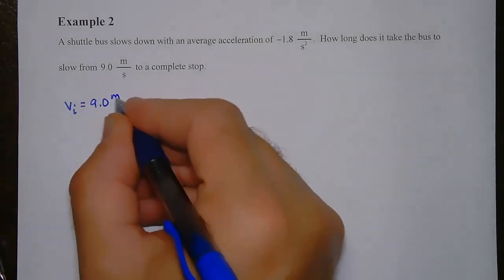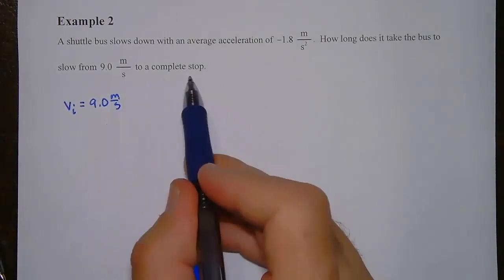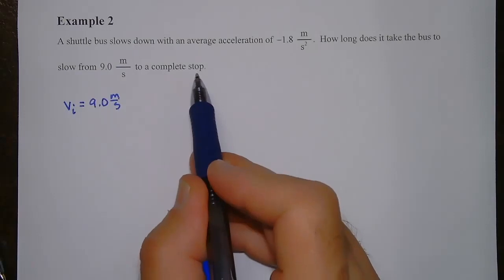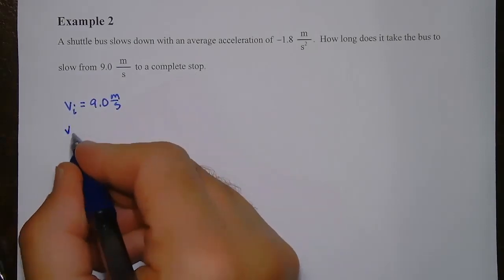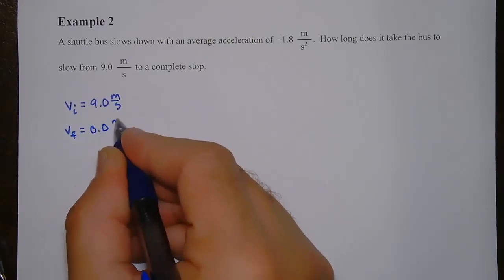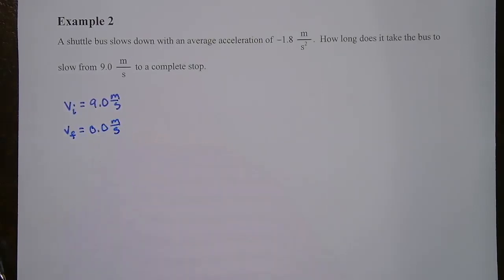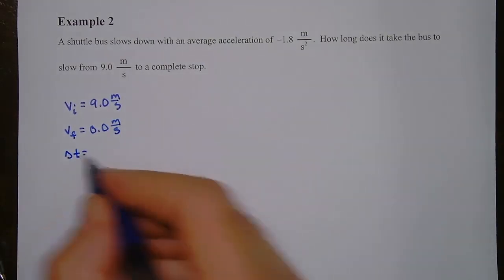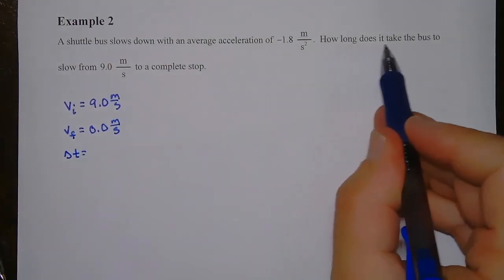That's our initial velocity, the velocity we're starting at. So that's going to be 9.0 meters per second. For it to complete stop, that would mean our final velocity would have to be 0. So v sub f has to be 0.0 meters per second. My change in time, that's actually what I'm trying to find, right? How long does it take?